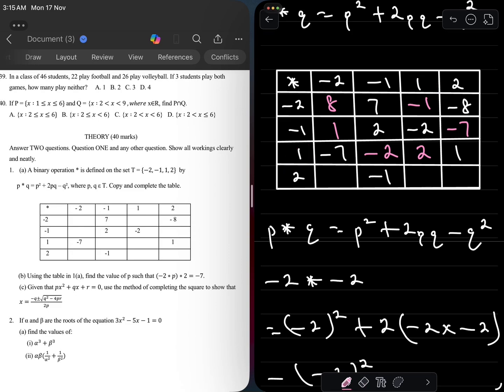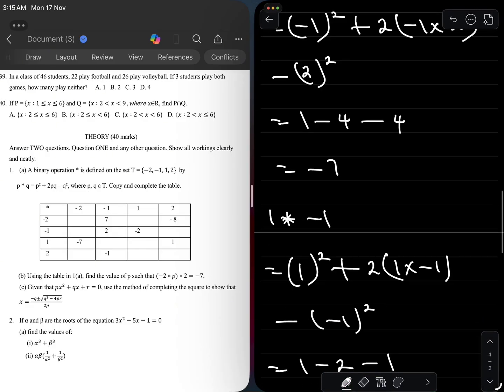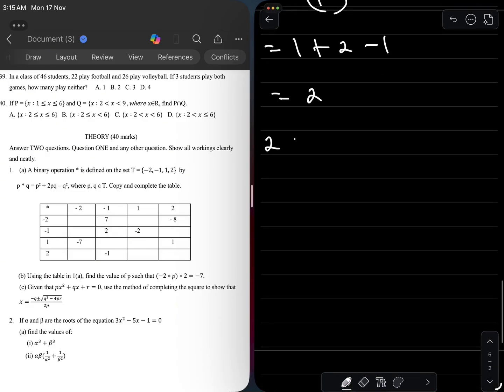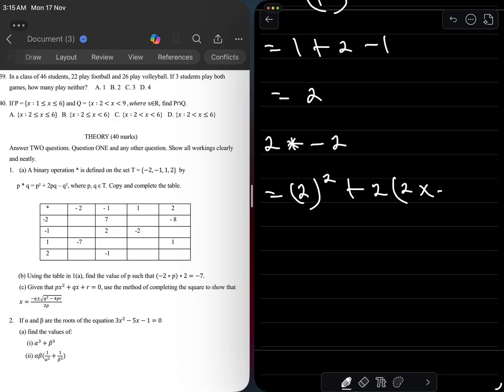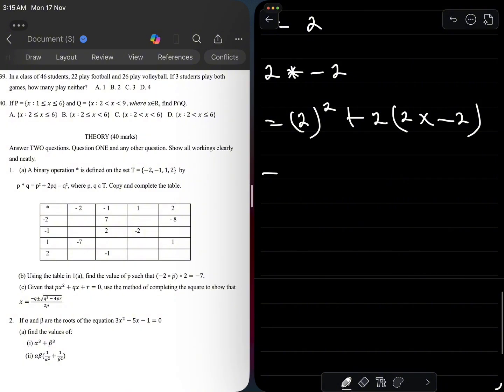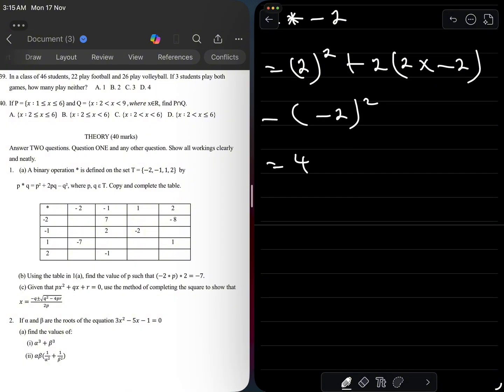Now the next one is 2 asterisk minus 2. 2 asterisk minus 2 will be equal to 2 squared plus 2 times minus 2 times 2, that's 2PQ, minus Q squared. That is 4 plus, no, 2 times minus 2 is minus 4, minus 4 times 2 is minus 8.